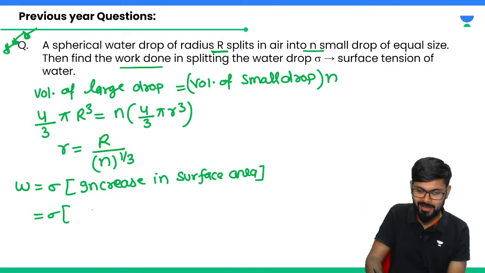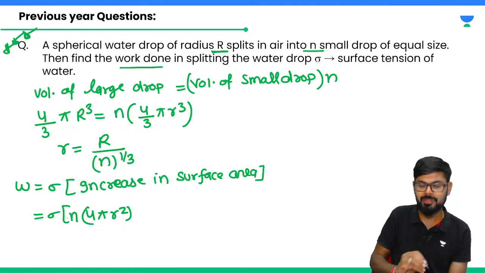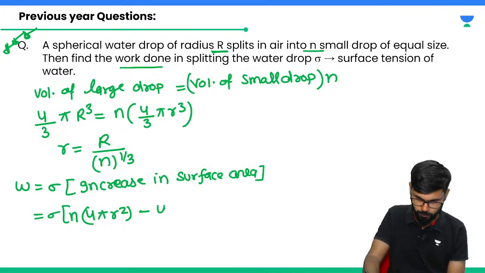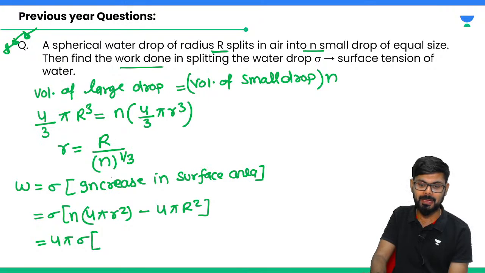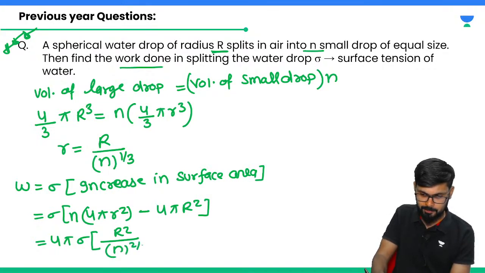For one small drop, what is the surface area? 4 pi r square, small r square, and I am going to multiply with n, minus the surface area of the big drop, large drop, that is 4 pi R square. So 4 pi will be common, so here I'll get 4 pi sigma. Here in place of small r, I can write capital R by n to the power 1 by 3, so it will come like R square by n to the power 2 by 3, right?